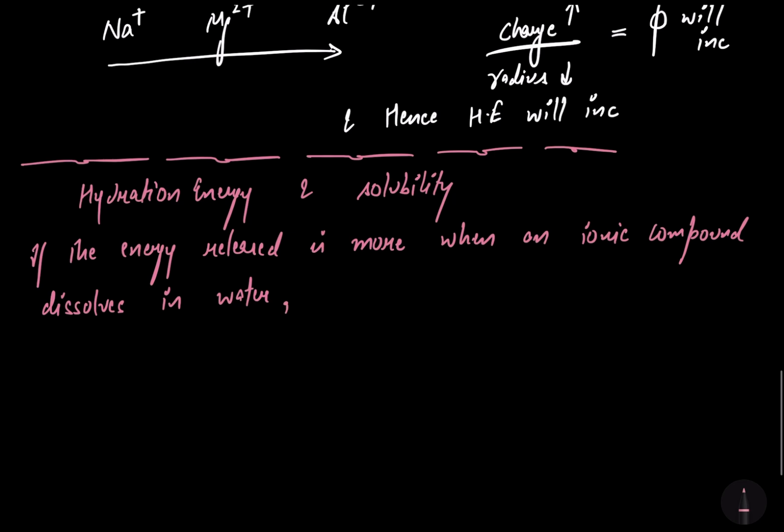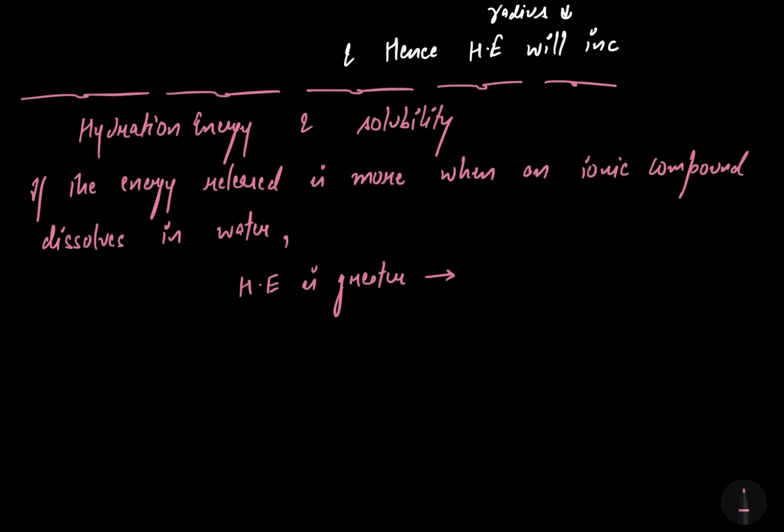it means hydration energy is greater, which signifies that ions tend to get solubilized in that solvent very quickly. So that means solubility will be very high for that ionic compound. It is a direct relationship.